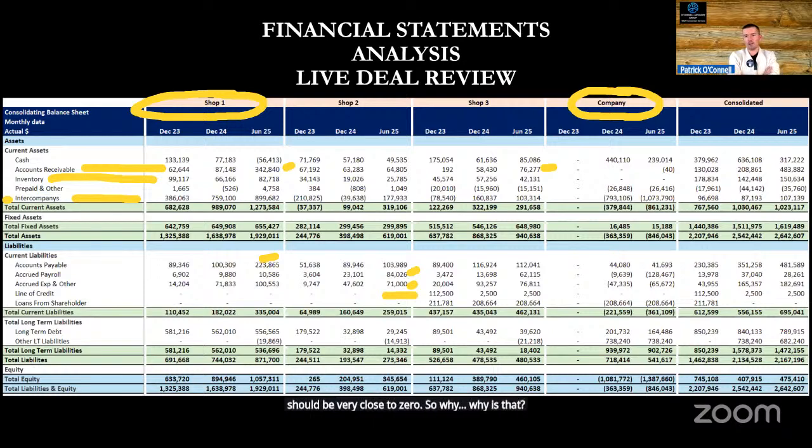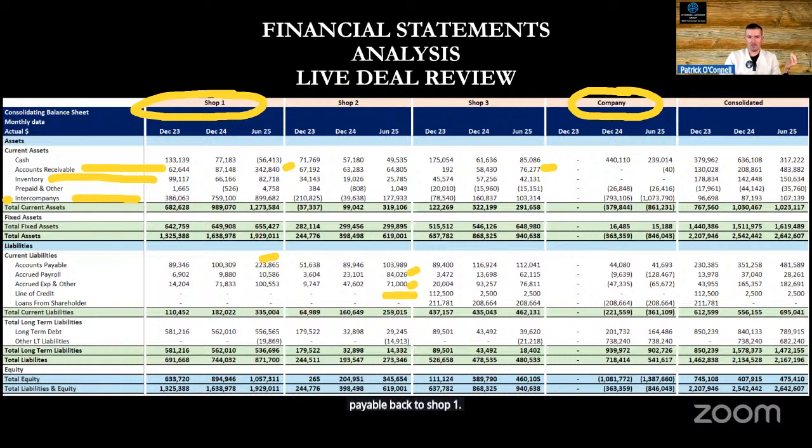If we think about accounting methodology, debits equaling credits, if company one lends out a vehicle or another asset to shop two, the entry would be loan to shop two, payable back to shop one.